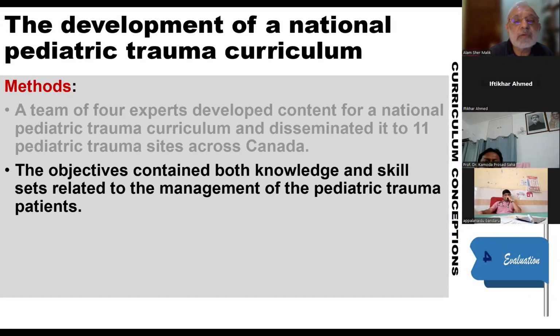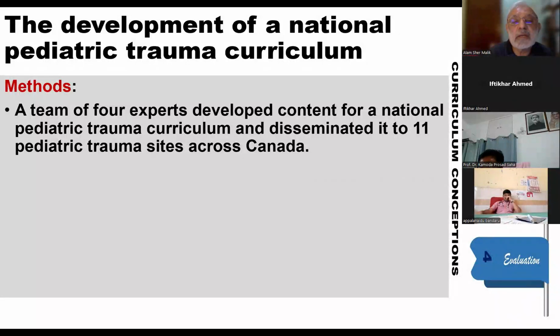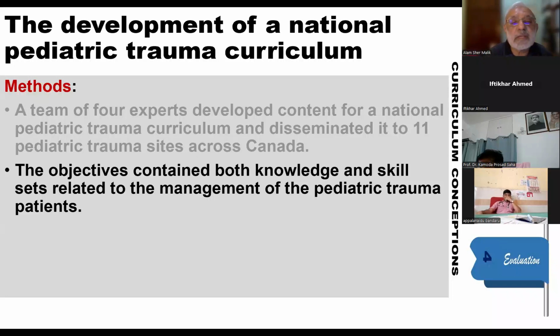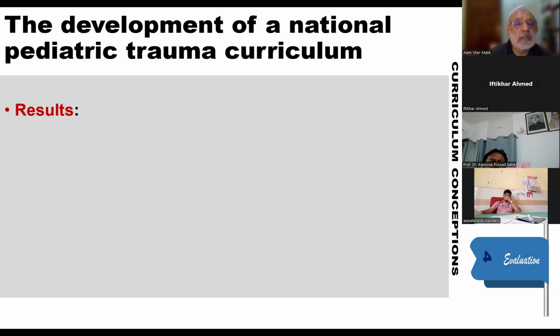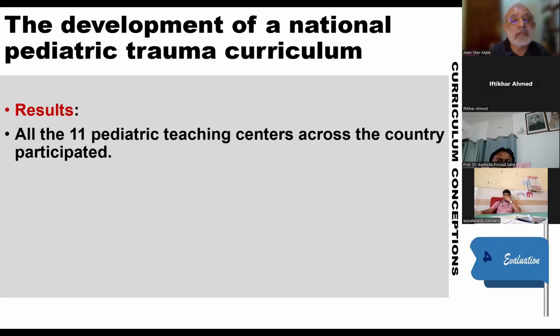So that was asking for subject expert opinion. The objectives contained both knowledge and skill sets related to management of pediatric trauma patients. And a multi-tiered Delphi process was used to develop the final content. The result was that all 11 pediatric teaching centers across the country participated.